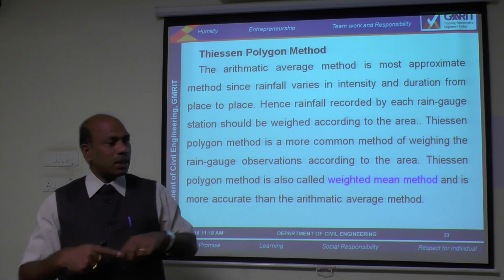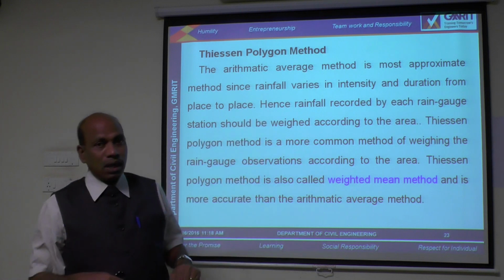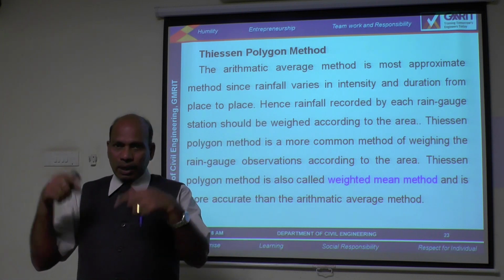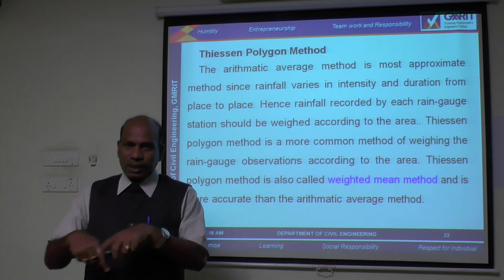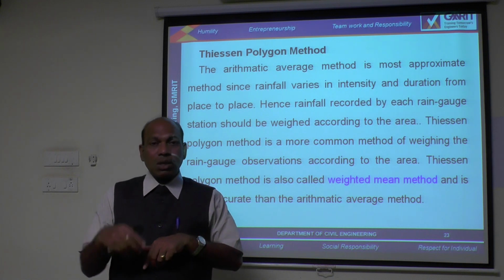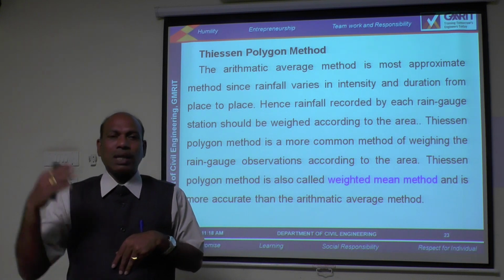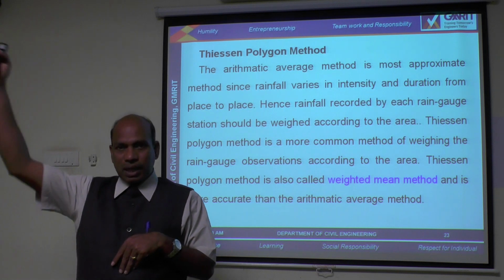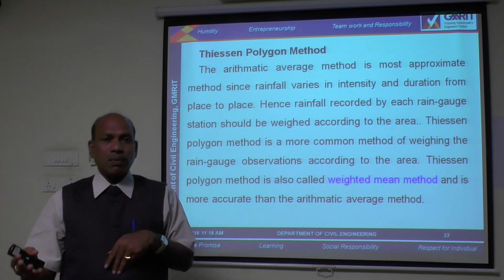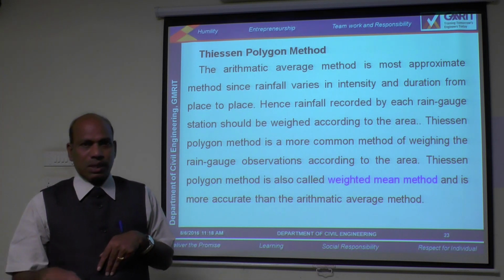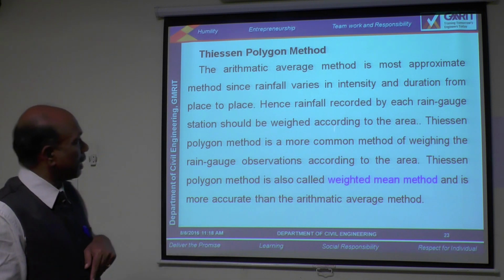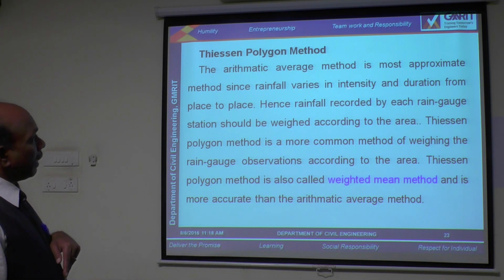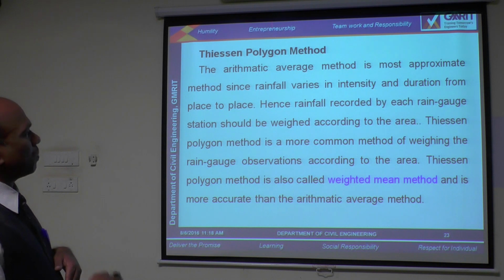From place to place, the intensity of rainfall varies, and also the duration. In Rajam the rainfall lasts 1 hour, whereas in Srikakulam rainfall falls for 10 hours. So that's why rainfall varies in intensity and duration from place to place.